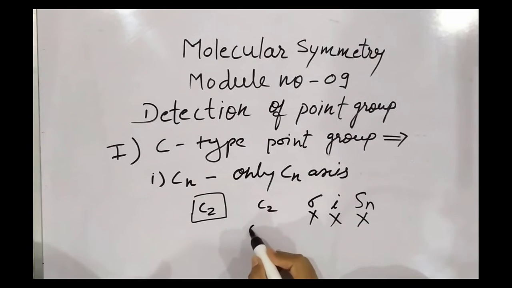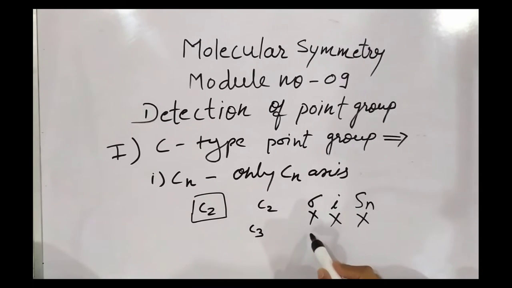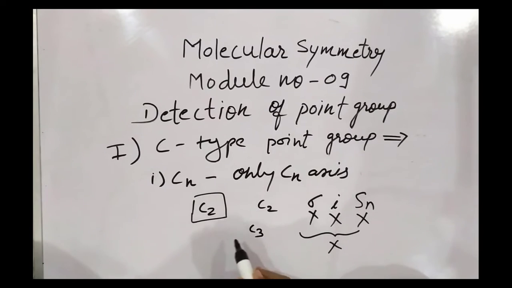If a molecule has C3 as rotational axis and all the other symmetry elements are absent, then the point group of that molecule will be C3.